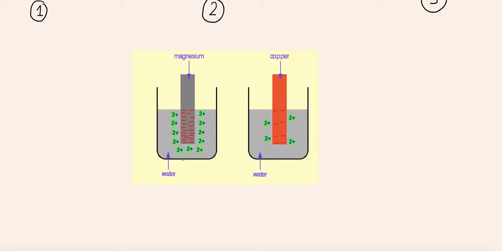So in this case, you can say that there is a high voltage, and in the copper diagram, you can say that there would be a low voltage because there is less difference between the positiveness and negativeness, and in the magnesium diagram there is a big difference. This difference is called potential difference, and you will record this potential difference as a voltage. So this is the electrode potential.